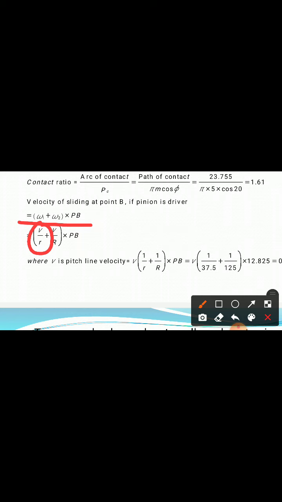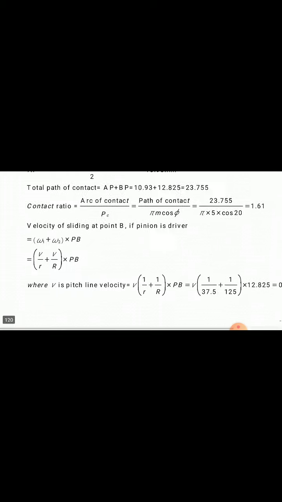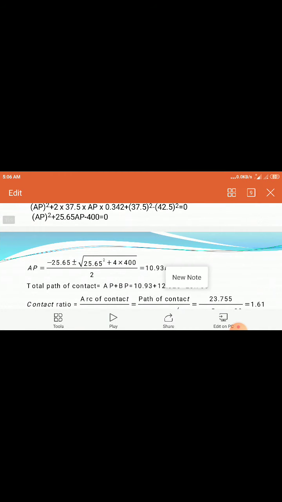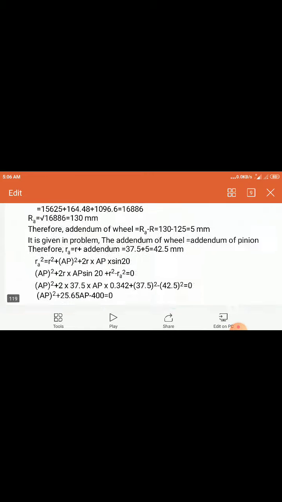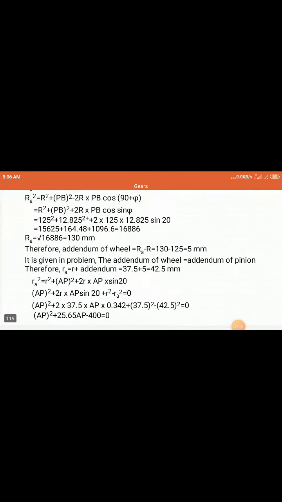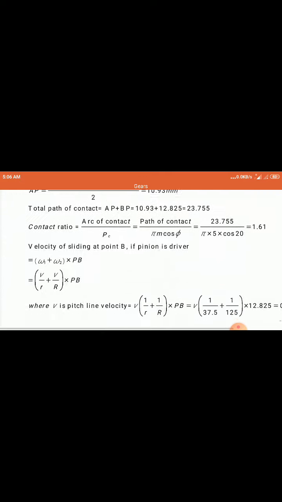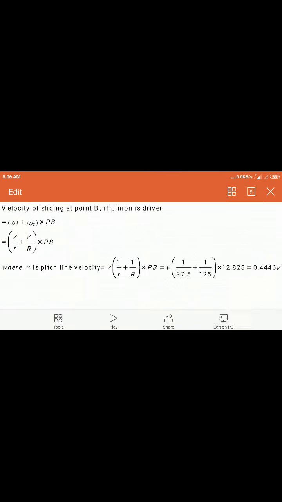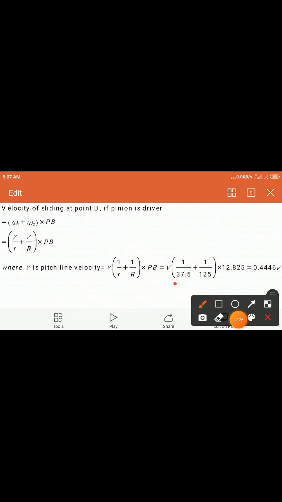PB we already calculated, 12.825. The remaining terms, small r and capital R, we also calculated already.